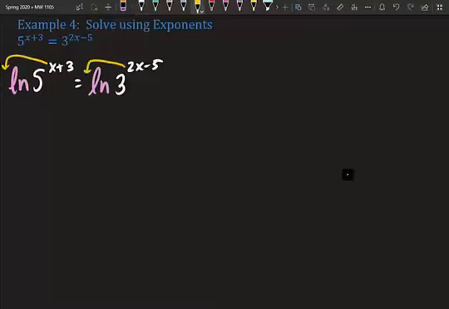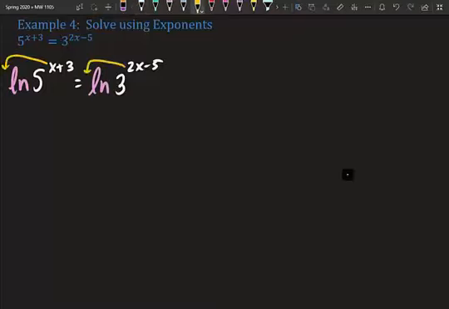Alright, now we're trying to solve for x here. If we have multiple x's in multiple places, we need to move anything with an x to one side and anything without an x to the other side. You see here how we have something with an x? I want to move it over. So when we do, we have x ln 5 minus 2x ln 3 plus 3 ln 5, and that equals negative 5 ln 3.